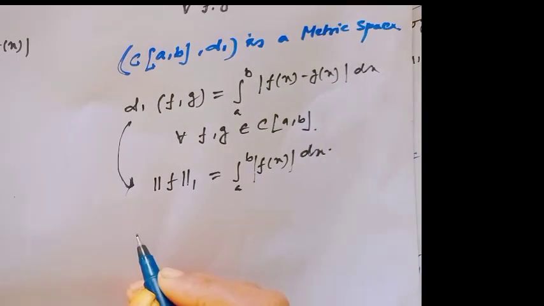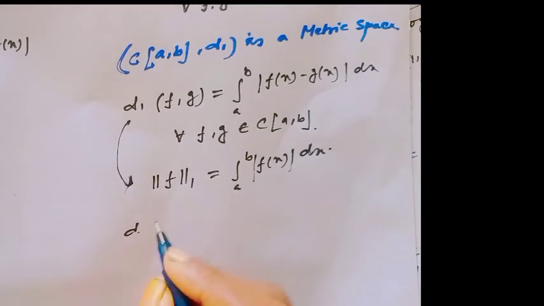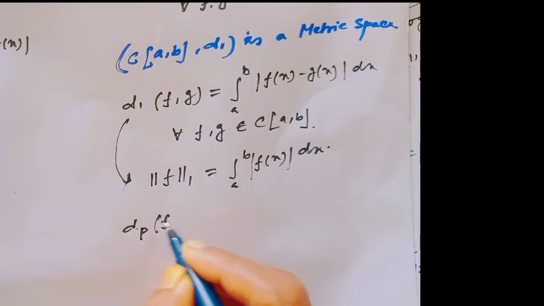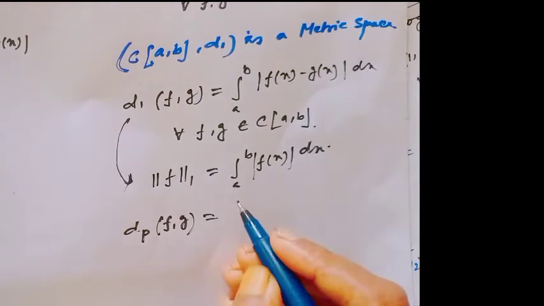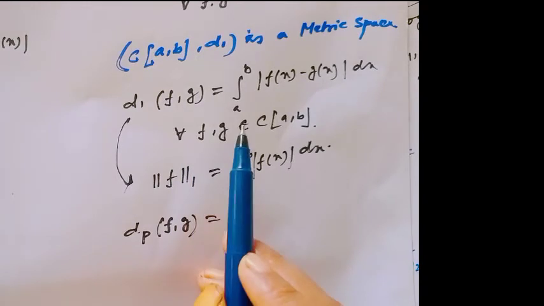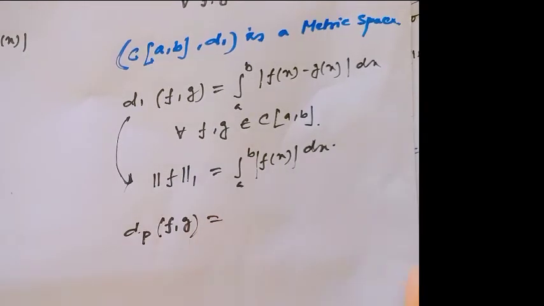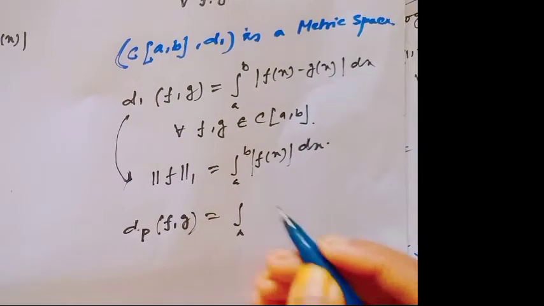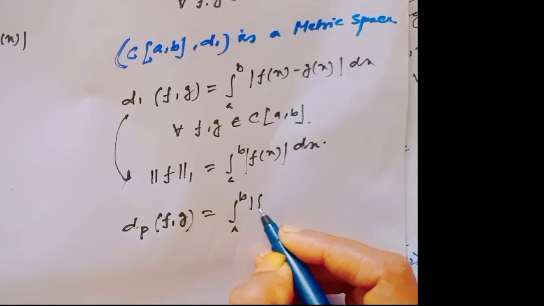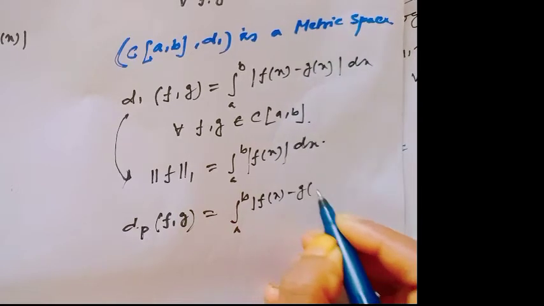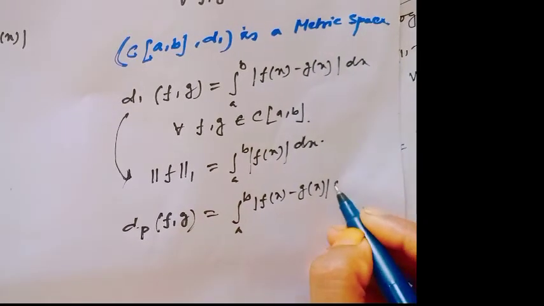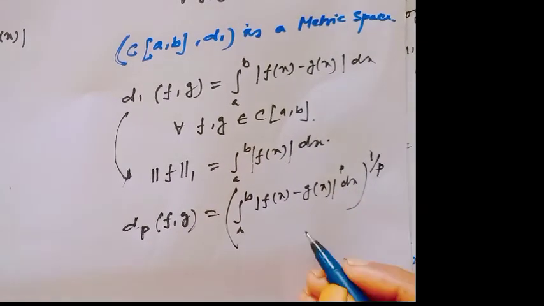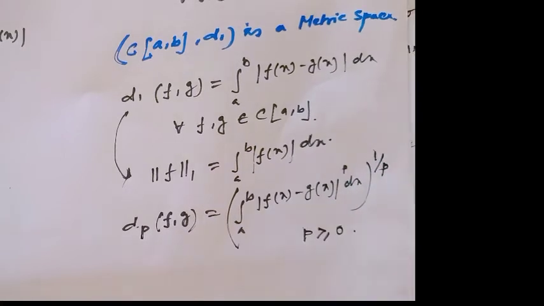Here norm 1 means the norm of f, ||f||_1, equals the integration from a to b of the absolute value of f(x) dx. Similarly, we can define the p metric space similar to Rn or Cn: dp(f, g) equals, since d1 is defined with Riemann integration, the integration from a to b of the absolute value of f(x) minus g(x) to the power p, all to the power 1 over p, where p is greater than or equal to 1.